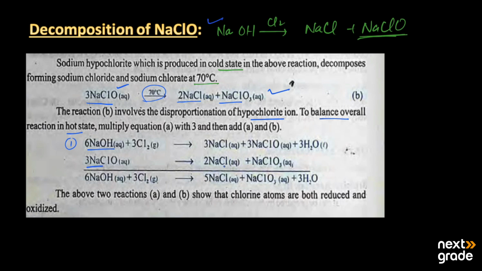After balancing, these two equations show that the chlorine atoms are both reduced and oxidized in this process. So it was a simple process about the disproportionation reaction and decomposition of sodium hypochlorite.